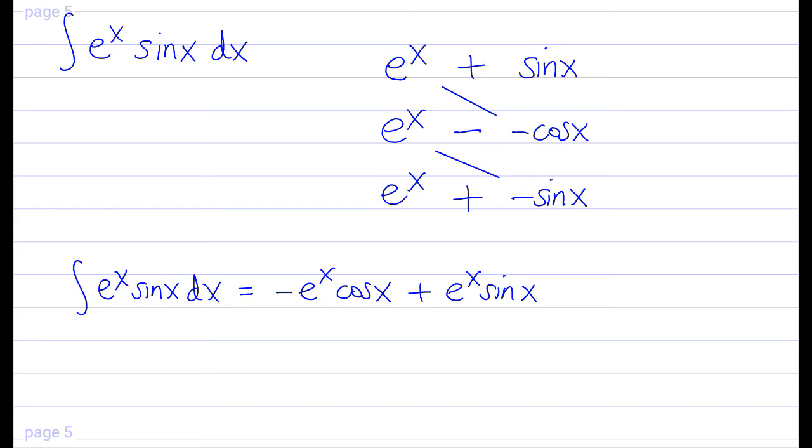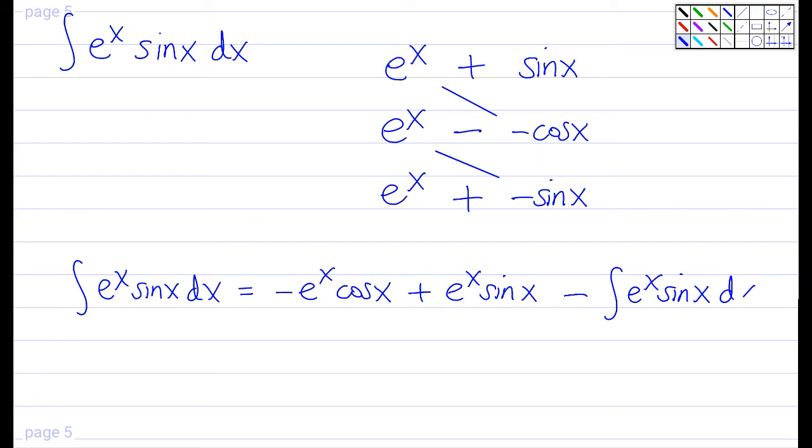Finally, I integrate across the last row, and that's going to give me minus the integral of e to the x sine of x dx. Now, that might look terrible, but it isn't. This is the same integral that's on the left-hand side. So I can bring this integral over to the left, and I get two of them.